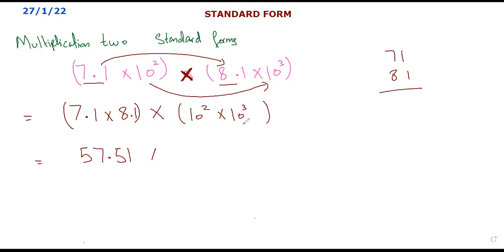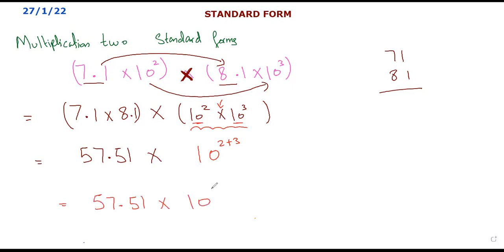We have the same base, 10. They are being multiplied, so the base will come once and the powers will be added. So this will give me 57.51 into 10 to the power 5.